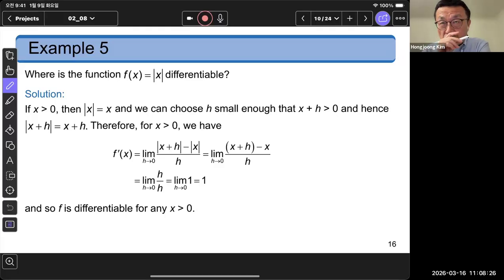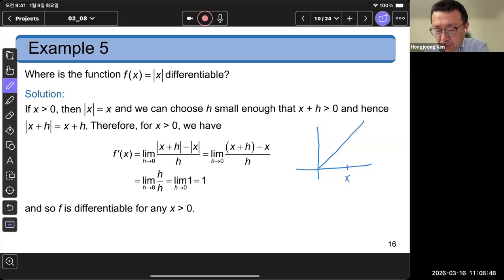So for positive x, we have this, the absolute value of x will be the same as x.